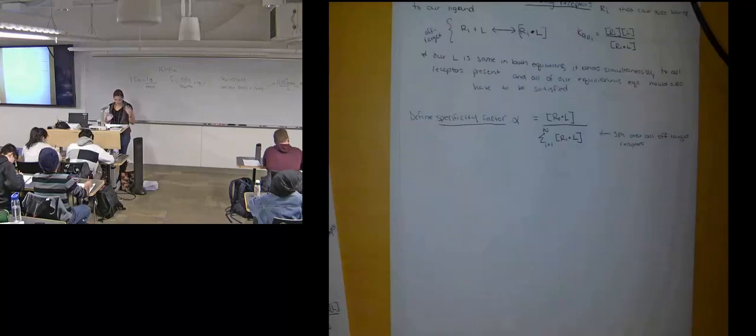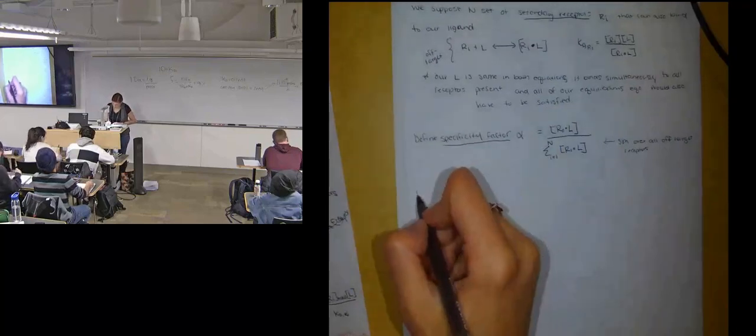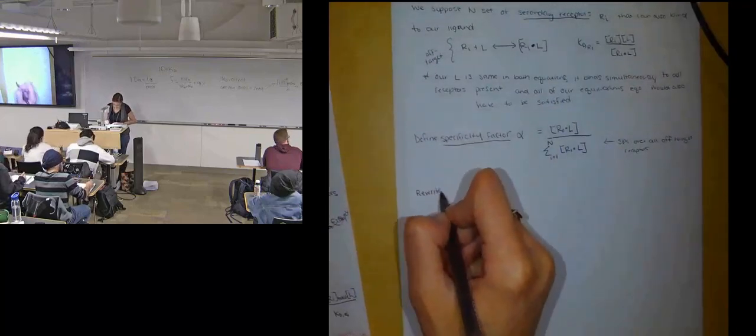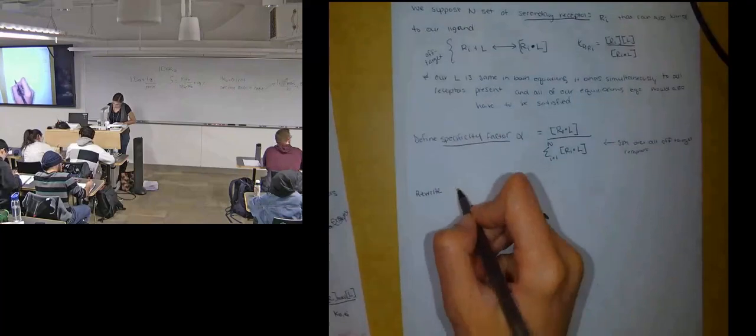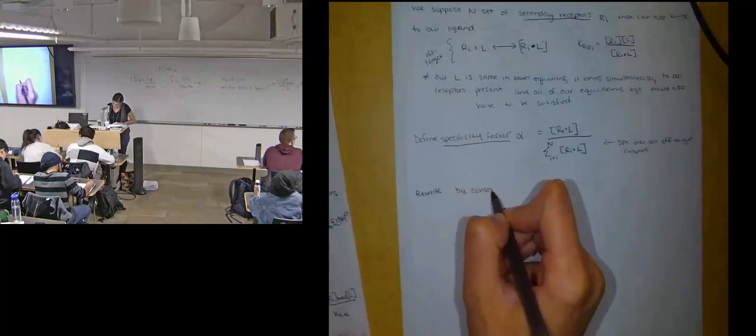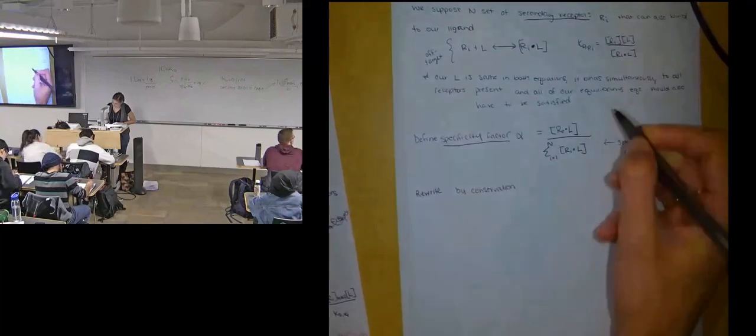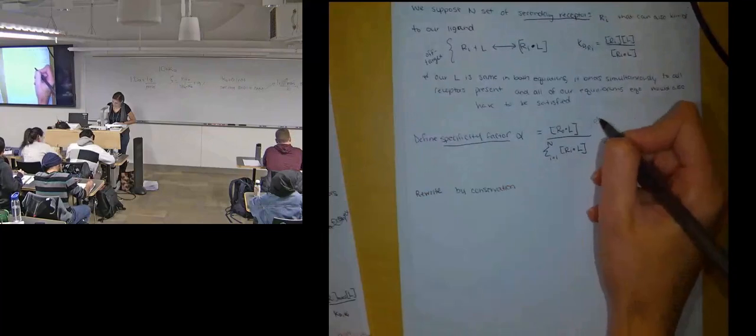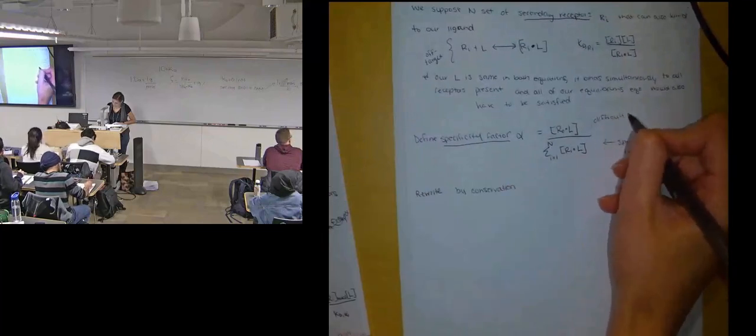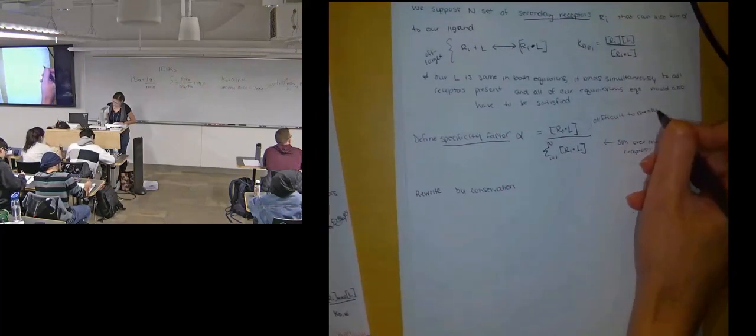And so again, we want to come up with a way to rewrite this to make it easier for ourselves. Like I said, this is very difficult to measure experimentally.